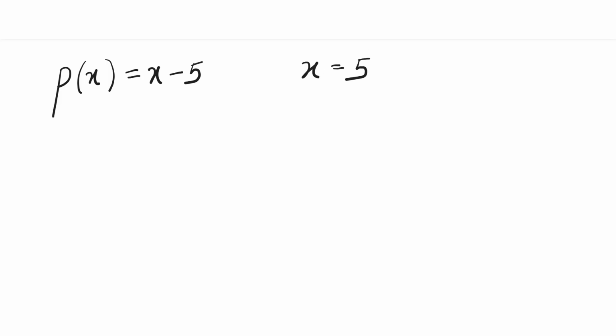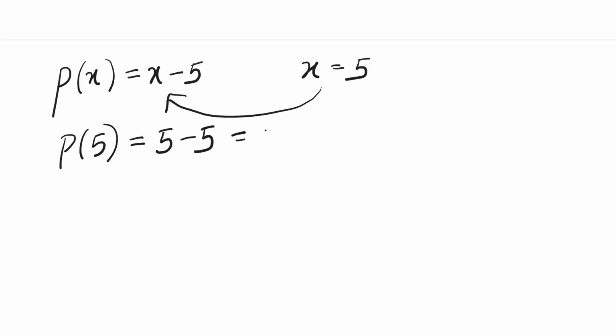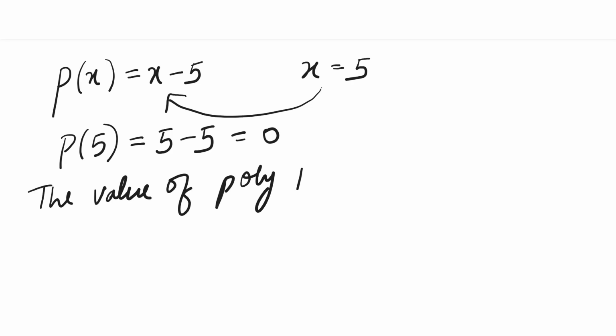When I plug in the value of x into my polynomial, I shall get the following: 5 minus 5, which is equal to 0. So the value of the polynomial p of x at x equal to 5 is 0.